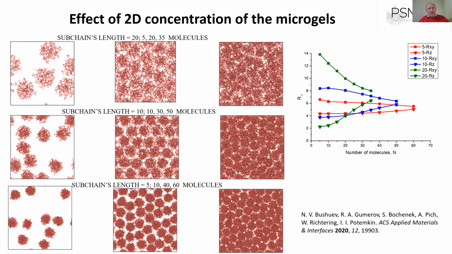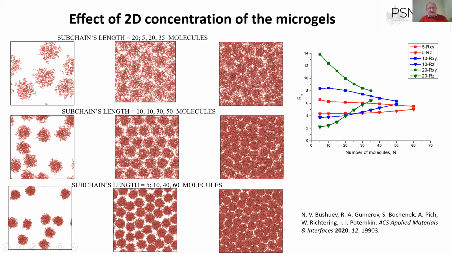For example, if we consider the monolayers, here are 3 monolayers at different compression degrees, and we have different cross-linking densities. So loosely cross-linked microgel correspond to the upper row and highly cross-linked to the bottom row.